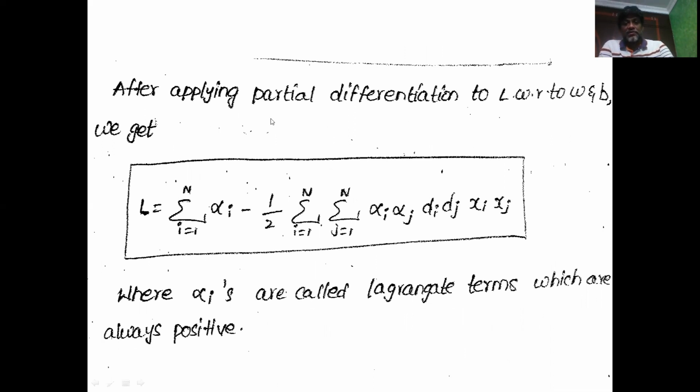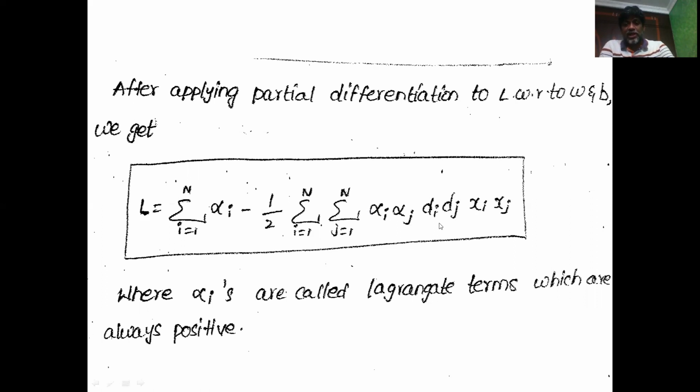What we get is this equation: L is equal to summation of i is equal to 1 to n alpha i minus half into summation i is equal to 1 to n summation j is equal to 1 to n alpha i alpha j di dj xi xj, where xi xj performs a dot vector product.